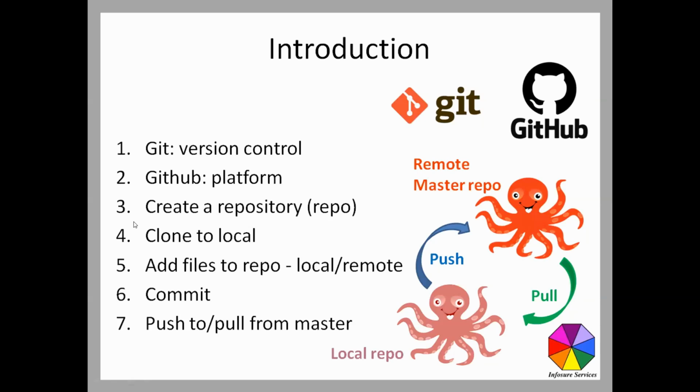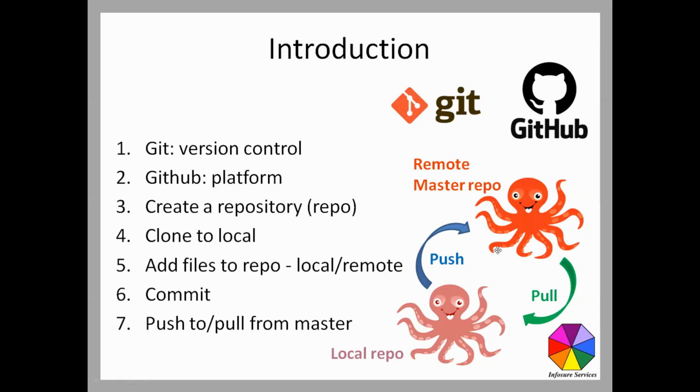The whole process of putting that file into the version control system is called checking in, and then you can check out. Here it's called push and pull. You check in and check out that code.